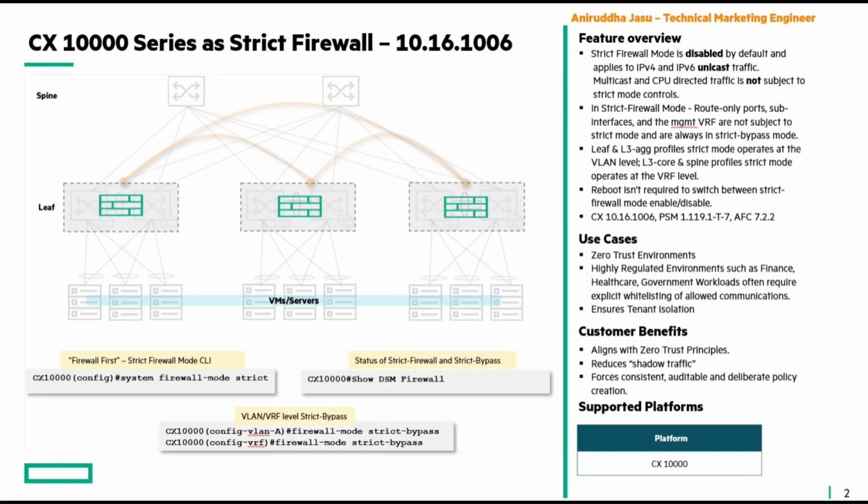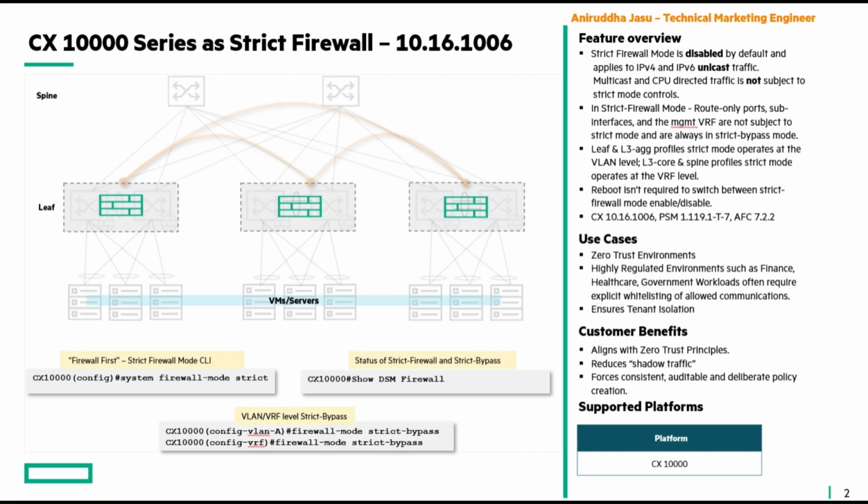You can introduce whatever policies, bypassing you want, and then introduce the firewall feature set so that the existing traffic is not hampered. Mind that the multicast and the CPU directed traffic is not subjected to strict mode controls. It's just the IPv4, IPv6 unicast traffic, meaning what?